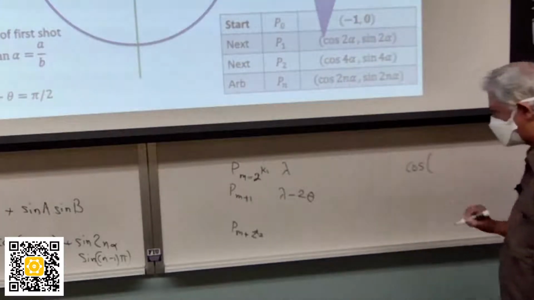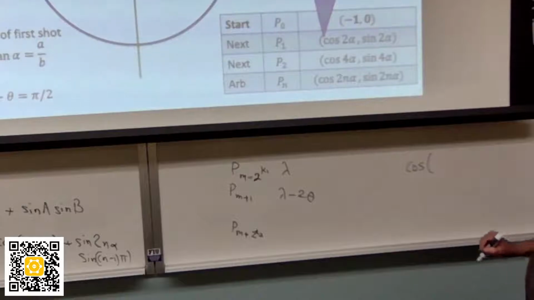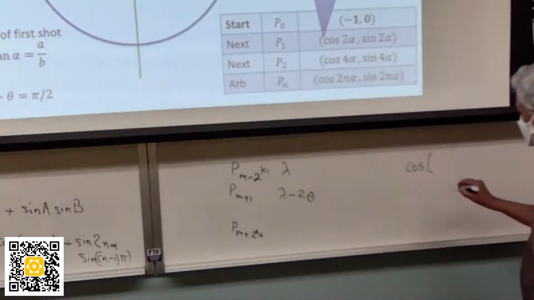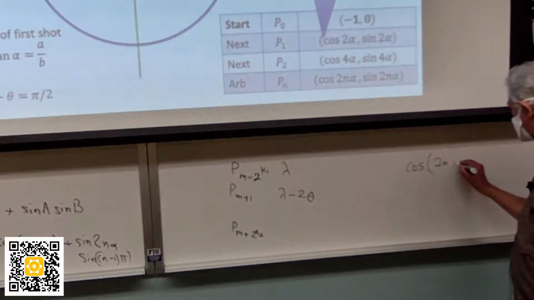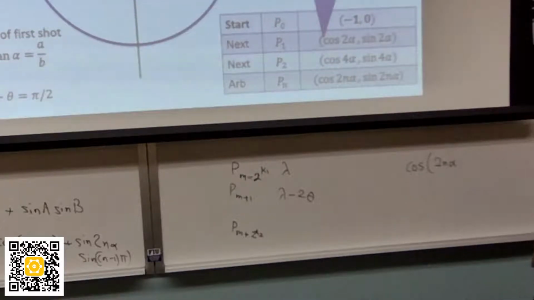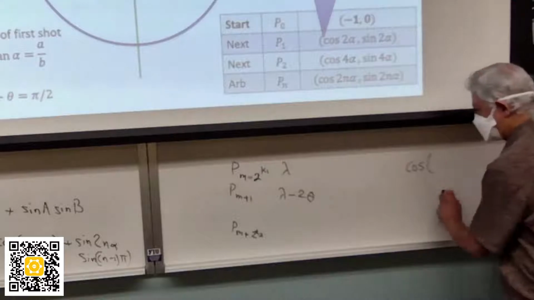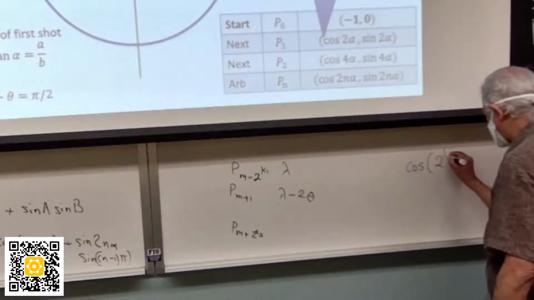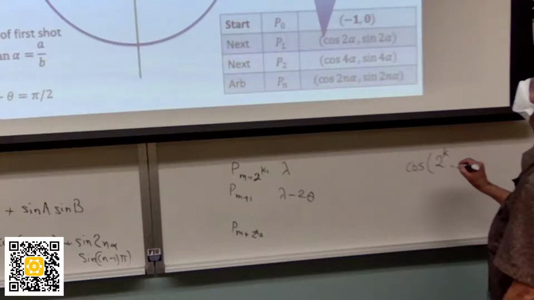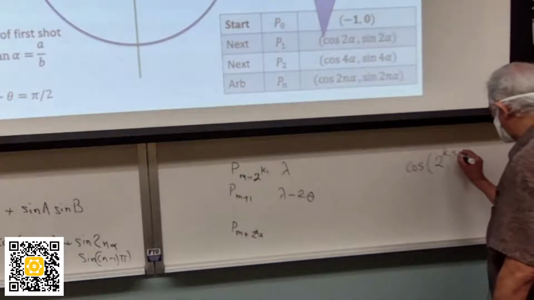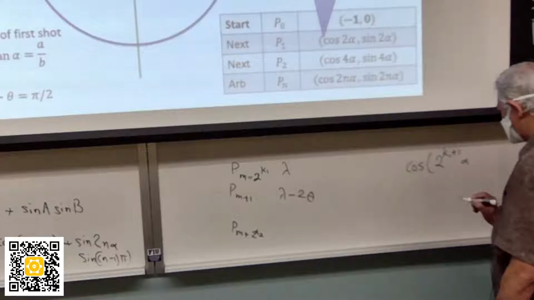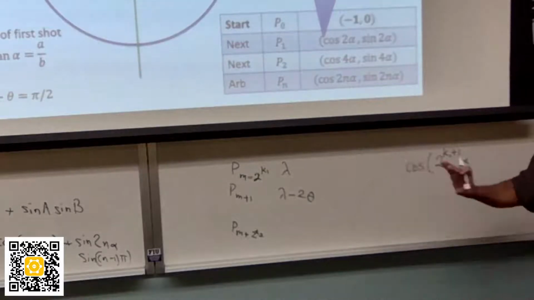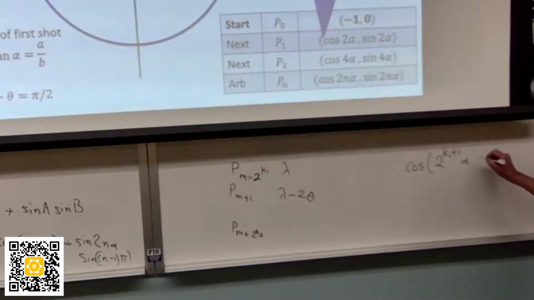You're going to get cosine of, when you do the first one, 2 to the k1 plus 1 alpha. I'm ignoring the plus or minus sign, so bear with me. And then I am going to get plus an extra 2 to the k2 plus 1 alpha. This is what I'm going to have to deal with.